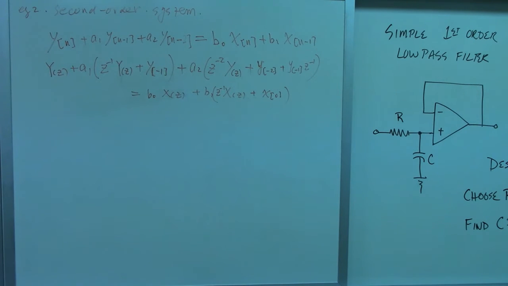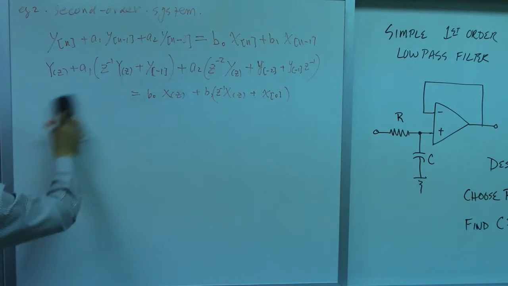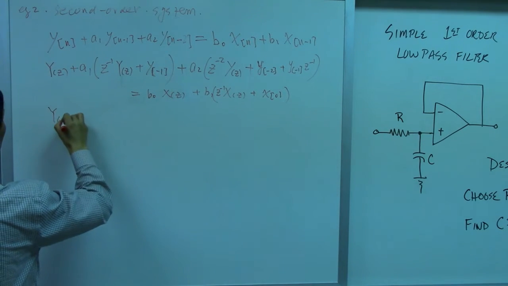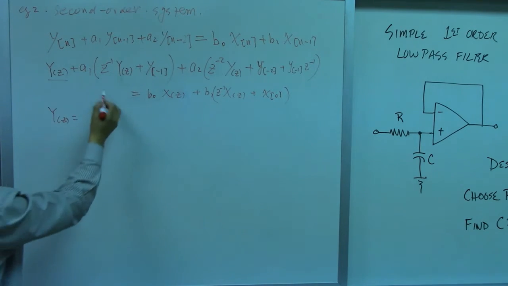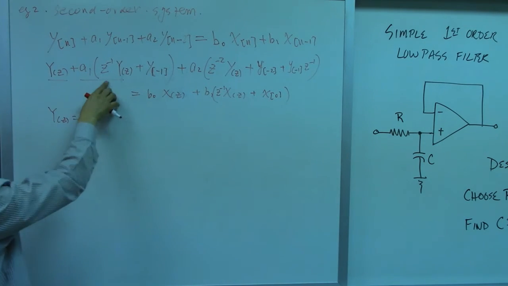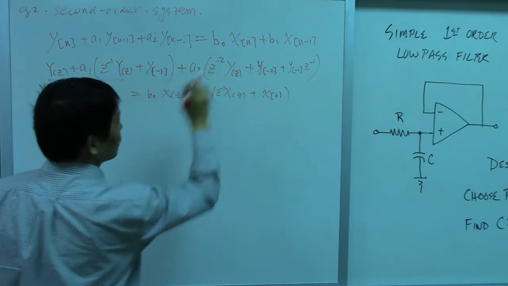Any questions? All right. What's next? Solve for Y(z). So Y(z), capital Y, will be equal to... this coefficient equals 1, this coefficient equals a1 z to the -1, and there's another one here, a2 z to the -2.